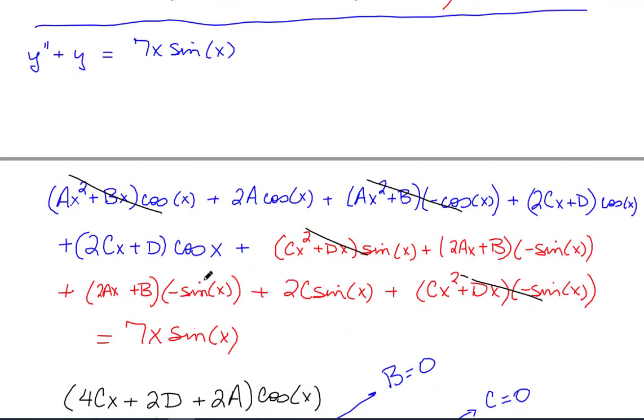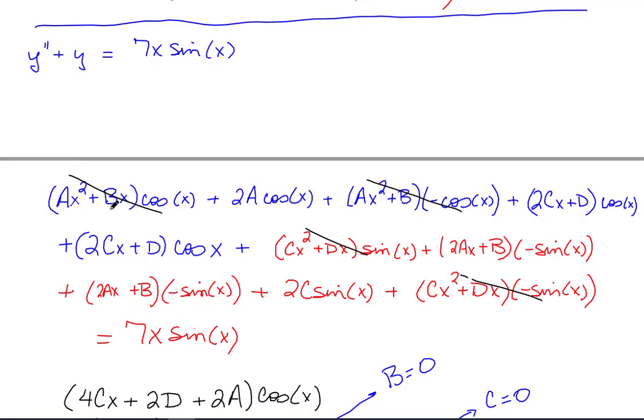Alright, so what I did is I put all the stuff in blue that involved cosine terms. And then I grouped together all the junk that had sine terms. And here's my right hand side. I did this simply as a way to keep track of all these symbols.